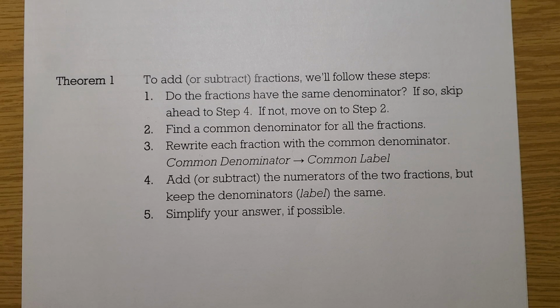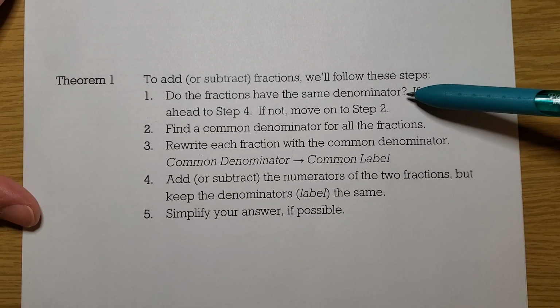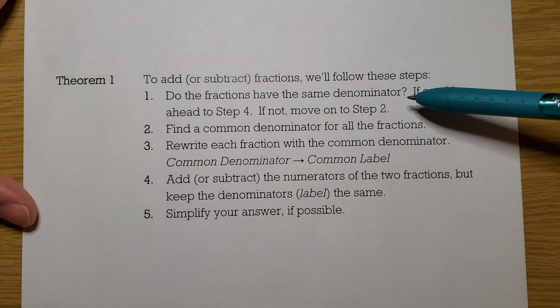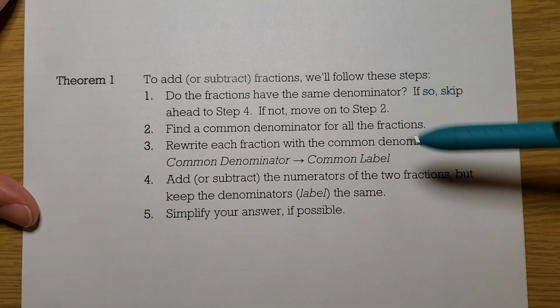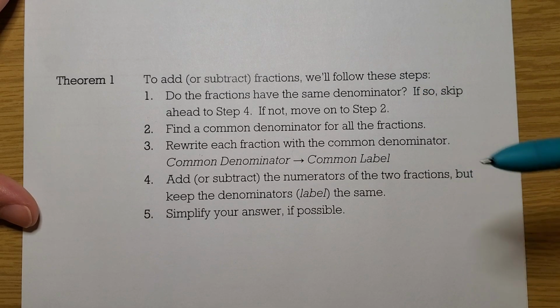If we're going to add or subtract fractions, you either have a longer problem or a fairly short problem. In the case of a fairly short problem, if your fractions have the same denominator, so if I had 7 nickels and 4 nickels, they would be the same type of thing. So I could just go ahead and add and say I have 11 nickels, which is 55 cents.